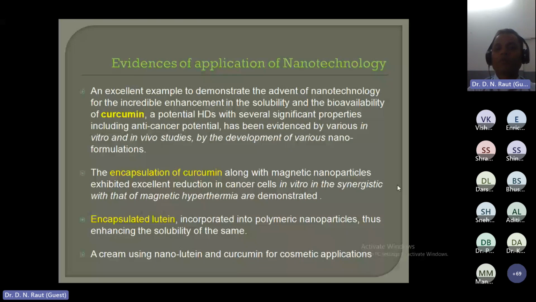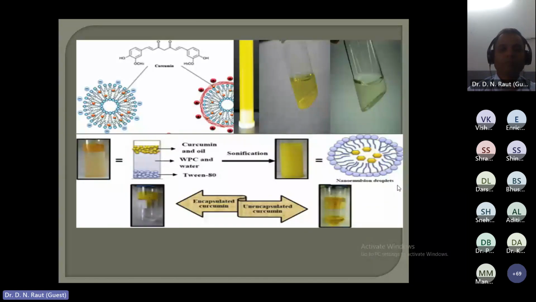The encapsulation of curcumin along with magnetic nanoparticles exhibited excellent reduction in cancerous cells in vitro, in synergy with magnetic hyperthermia, which has already been demonstrated. Lutein was also incorporated into polymeric nanoparticles so as to enhance its solubility. Creams using nanolutein and curcumin for cosmetic applications have also been studied. So these are examples of how nanotechnology-based formulations could be effectively used for this purpose.